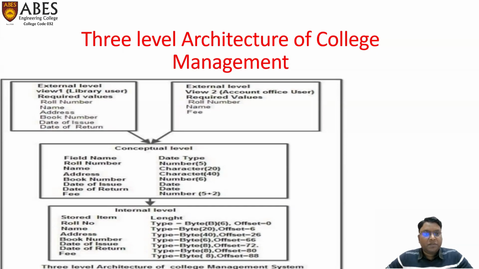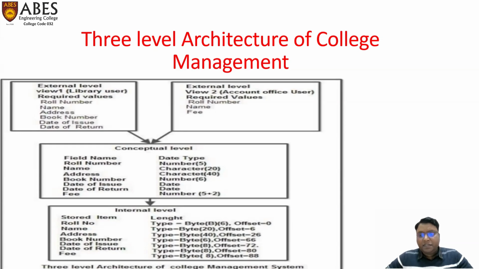And in the conceptual level, we know the field name along with the data type which is going to be used. For example, if we consider roll number, then roll number will be used as a number. Name will be stored in characters. Address will be stored in characters.